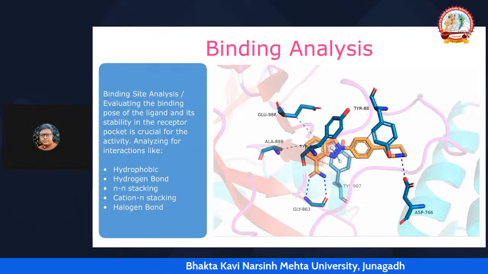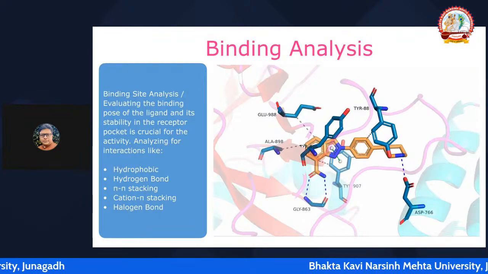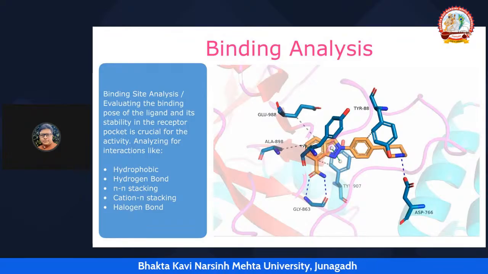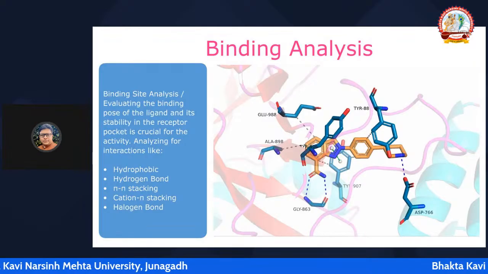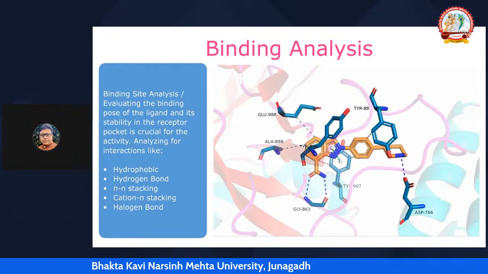What are the interactions now? There are hydrophobic interactions. Hydrophobic interactions are the interactions of aromatic amino acids with the aromatic part of the inhibitor or the ligand. Hydrogen bond interactions involve electronegative atoms like oxygen and nitrogen, which share a hydrogen atom amongst the two.